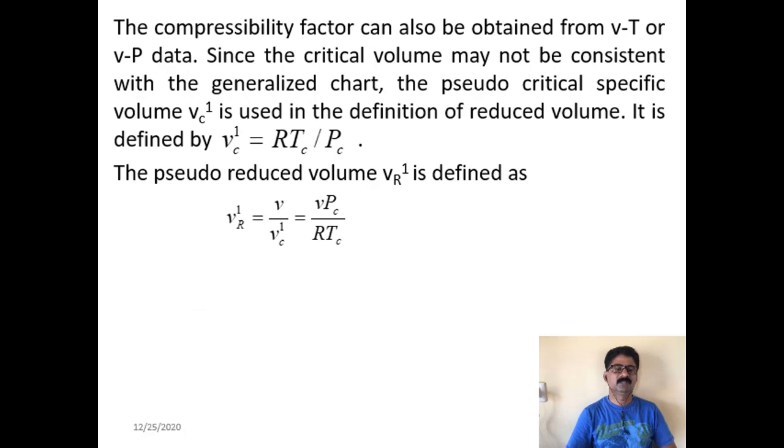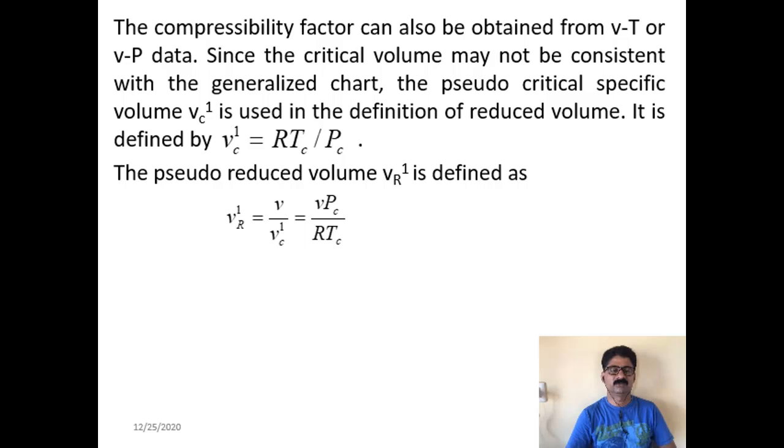The compressibility factor can also be obtained from the volume-temperature or volume-pressure data. Since the critical volume may not be consistent with the generalized chart, the pseudo-critical specific volume Vc dash is used in the definition of the reduced volume.